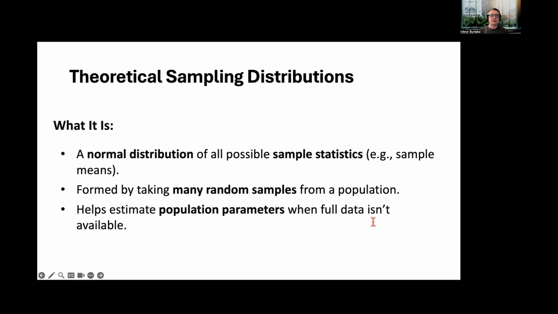When we conduct research, we usually can't study an entire population. So we rely on samples, but how do we know if our sample represents the population accurately? This is where theoretical sampling distributions come in. A theoretical sampling distribution is the normal distribution of all possible sample statistics, like sample means drawn from the same population.